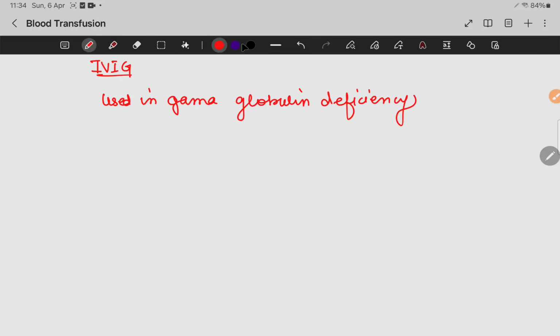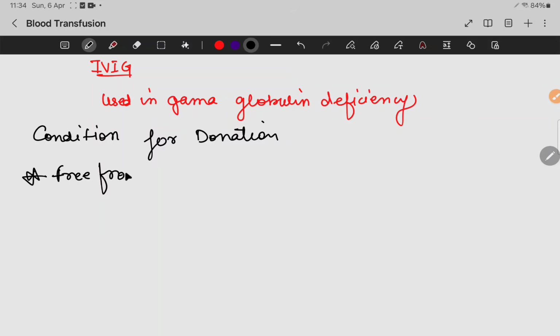What are the conditions for donation? Conditions for donation of blood. First, the donor must be free from infectious diseases like malaria, HIV, hepatitis and STD.